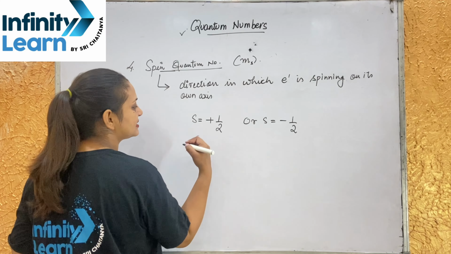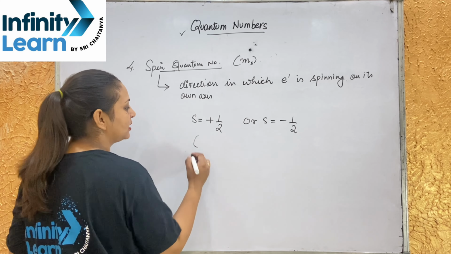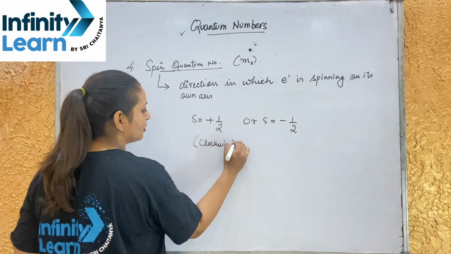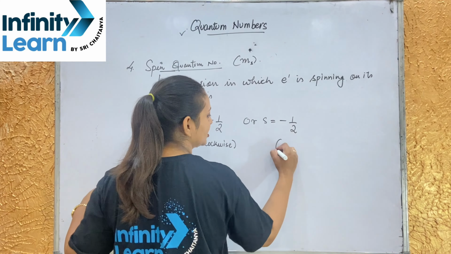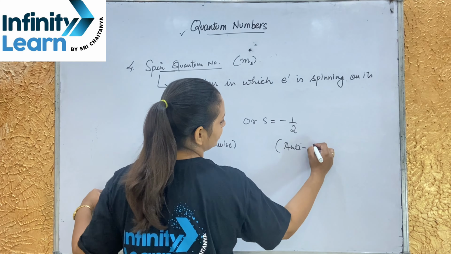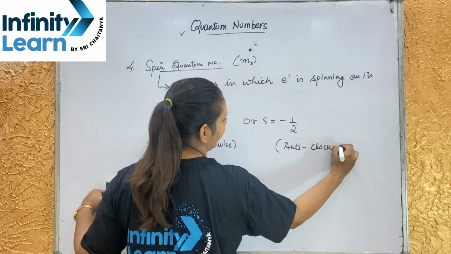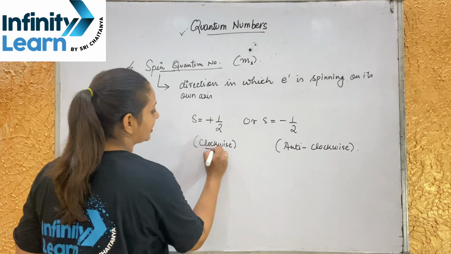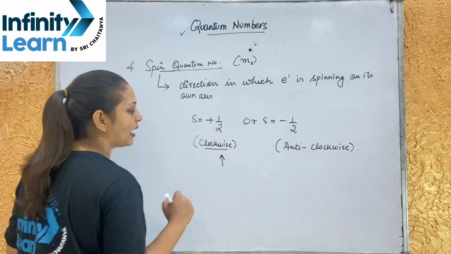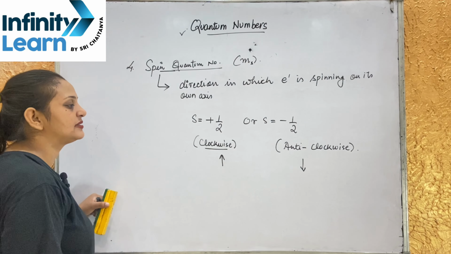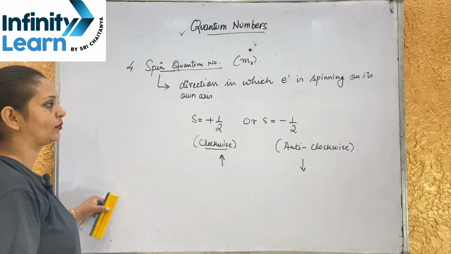Plus half means the electron is spinning in a clockwise manner. ms equal to minus half means it is spinning in an anti-clockwise manner. Clockwise is also represented by an upward arrow and anti-clockwise by a downward arrow.